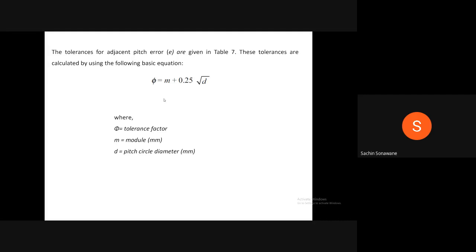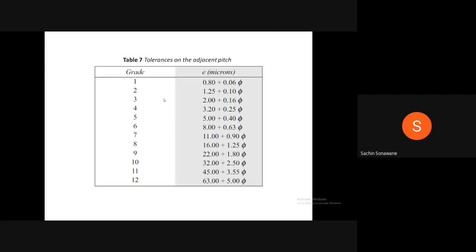Write down this formula. Then these are the values of the tolerance on the adjacent pitch for different grades. These grades are the manufacturing grades. They depend on which manufacturing method is used to machine or manufacture the gears.